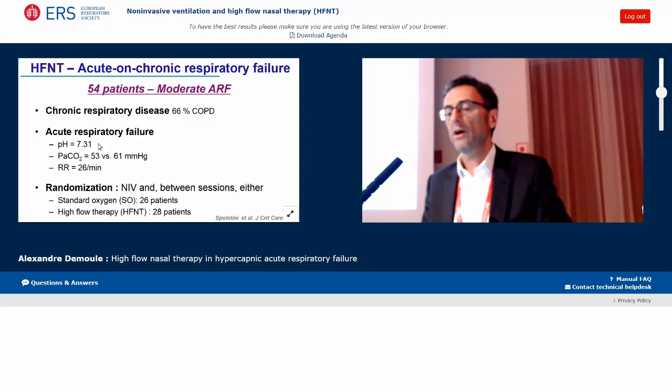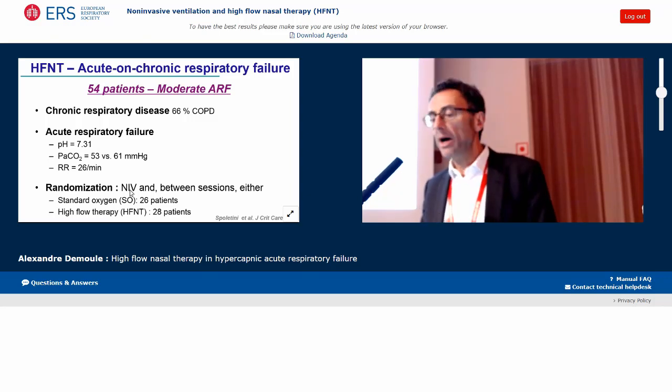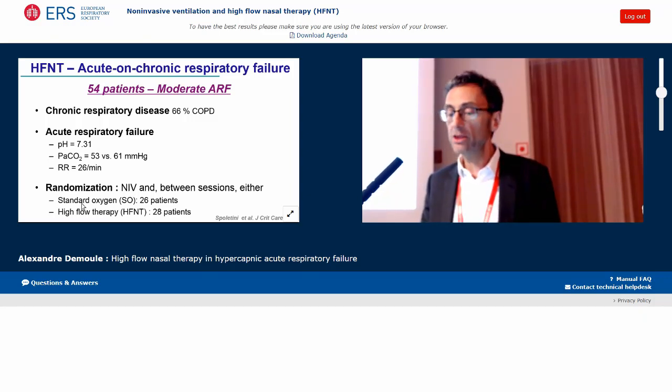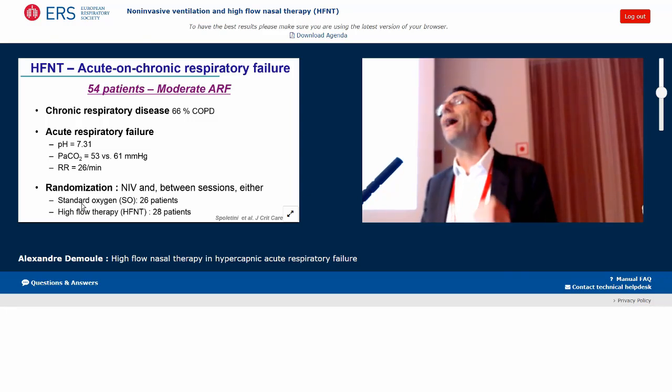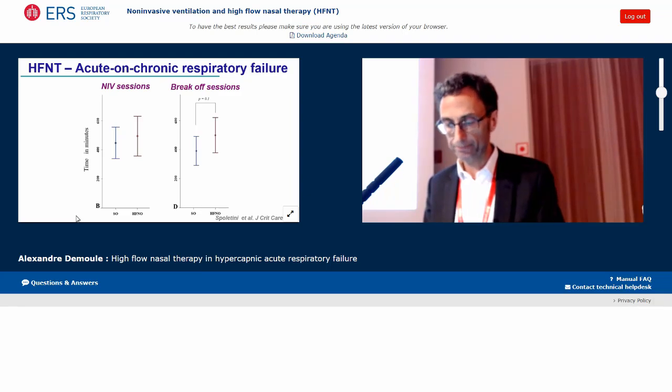PaCO2 was between, let's say, 53 and 61, and respiratory rate 26. Patients were randomized. All the patients had non-invasive ventilation because this is recommended by guidelines in acute and chronic respiratory failure in COPD patients. But they were randomized to have between sessions either standard oxygen or high flow therapy.